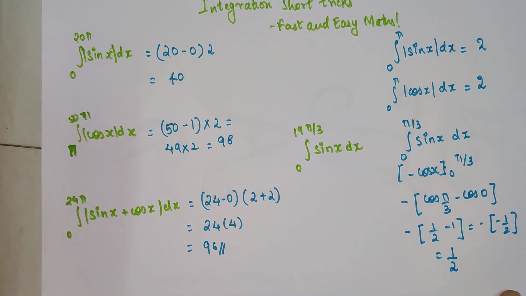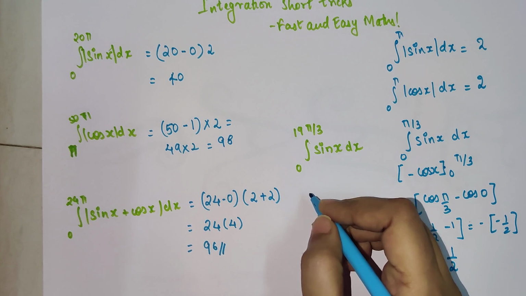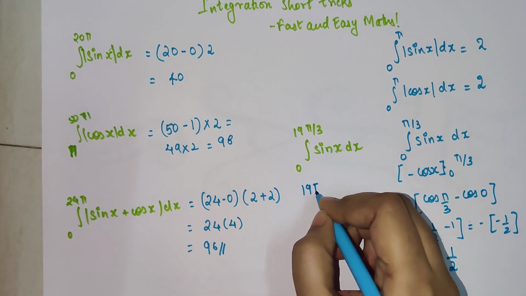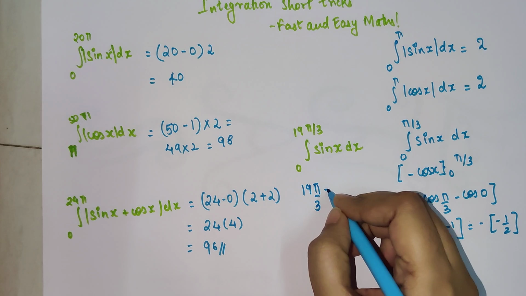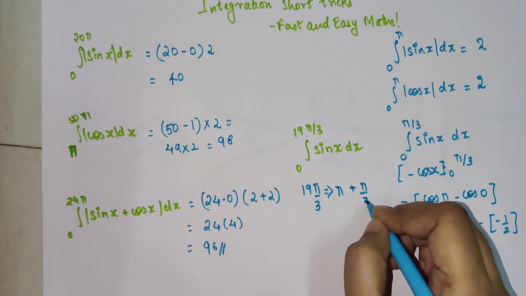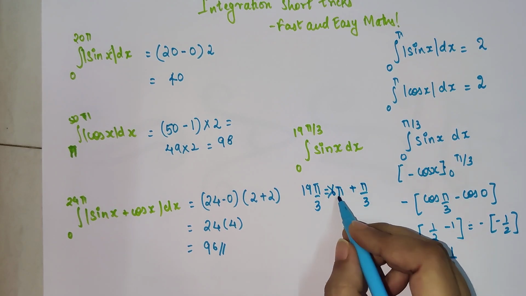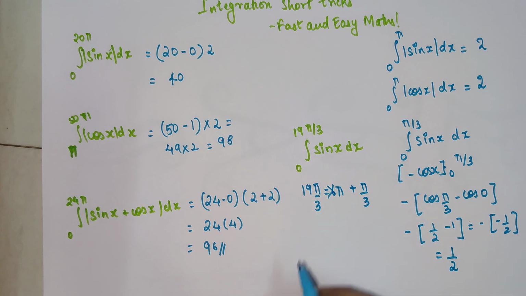So here what we are going to do is simply convert 19 pi by 3 into something in terms of pi and pi by 3. If I do 6 pi plus pi by 3, I will get 19 pi by 3, correct?